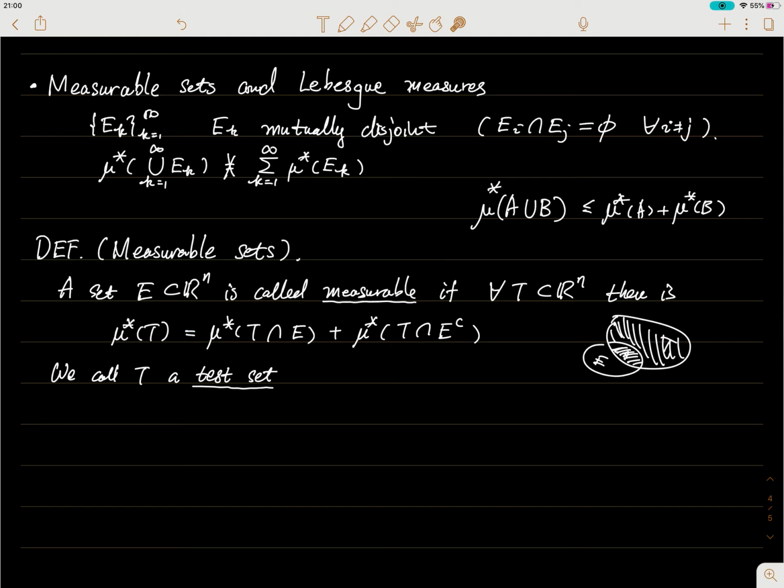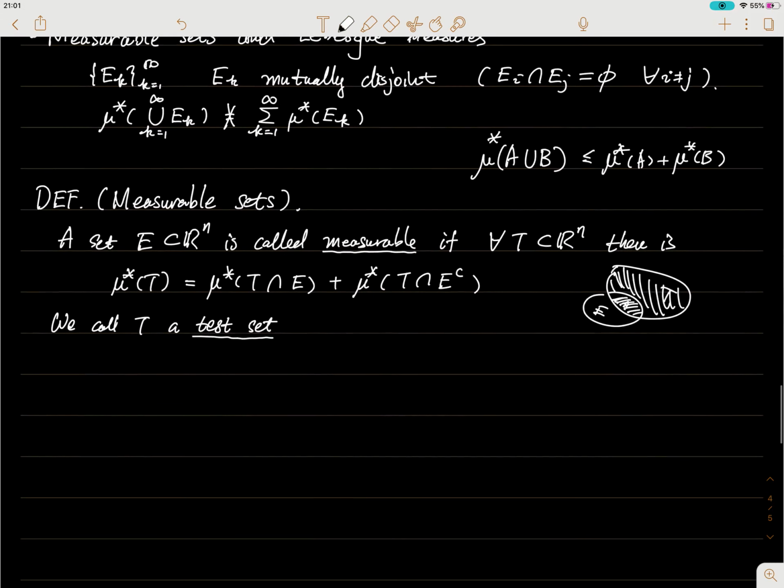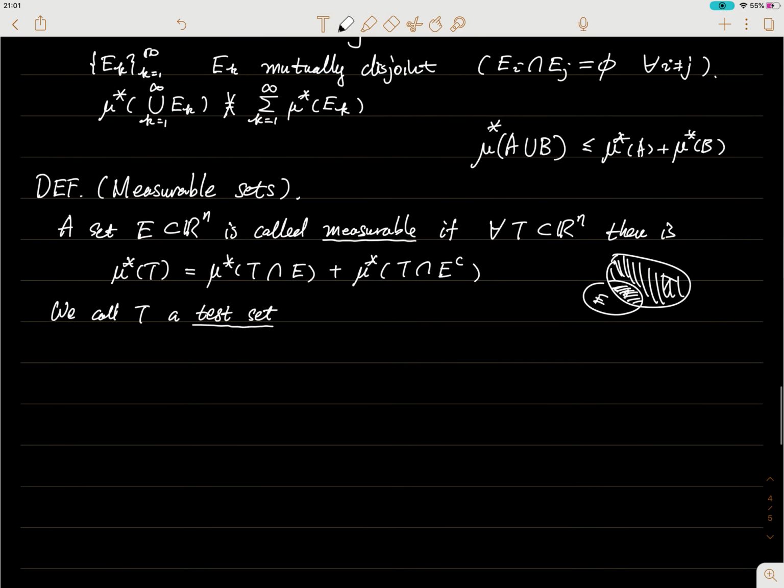The key is that if we can show this holds for any T, then E is measurable. So in the future, if you want to show a set E is measurable, you just need to show this inequality here, for any T. Okay, so before we continue, I'll give a name for this.